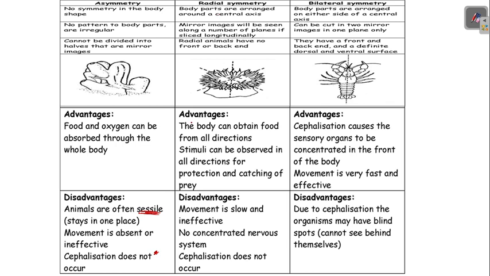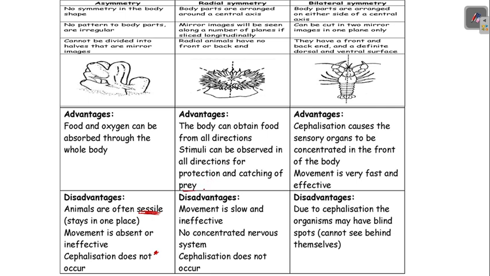Then radial symmetry. Those are the ones, remember, that can be cut from any plane and they'll produce two identical halves. Advantages of them: the body plan can obtain food from all directions. Not from every part of their body, but from all directions. Stimuli can be observed in all directions for protection and catching prey.